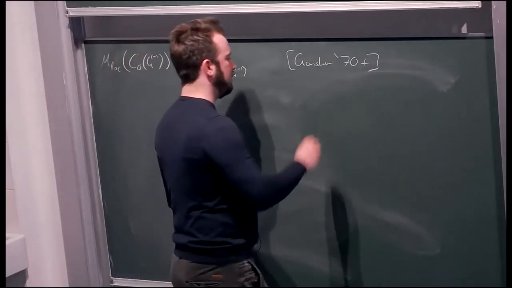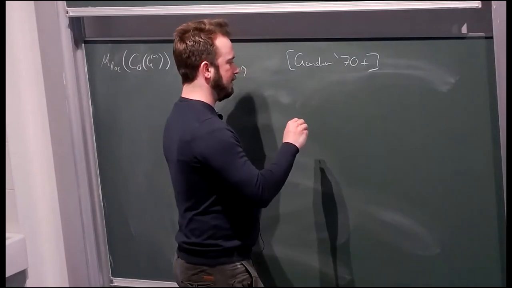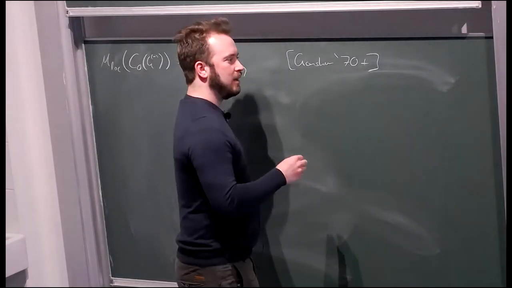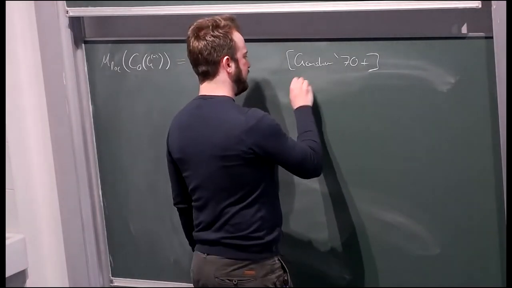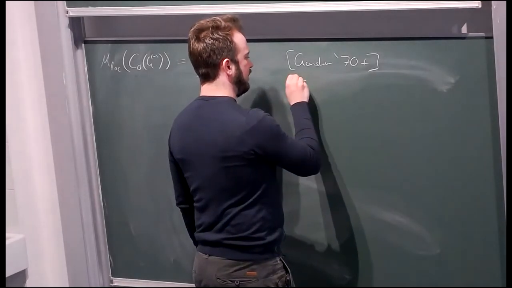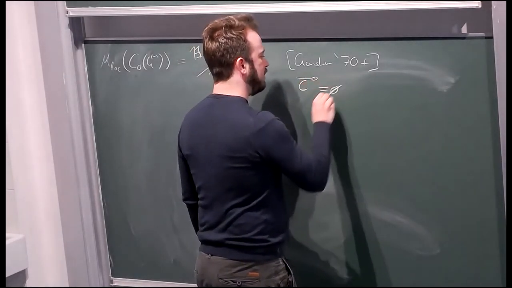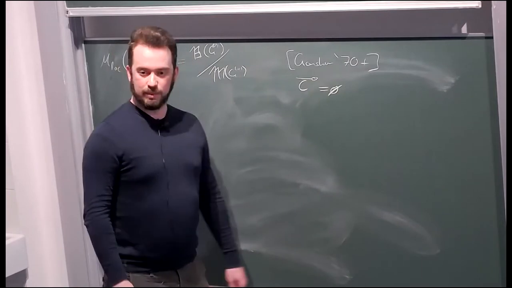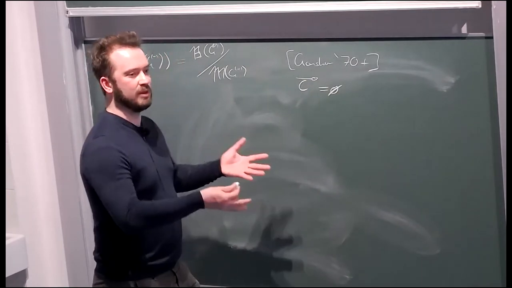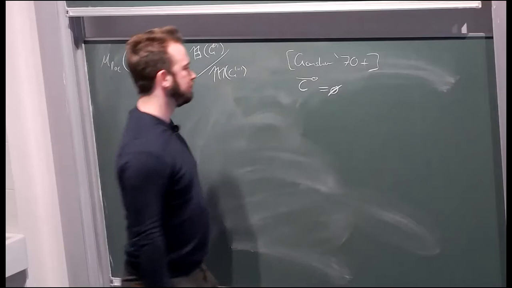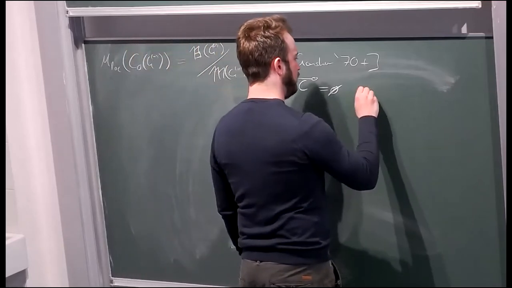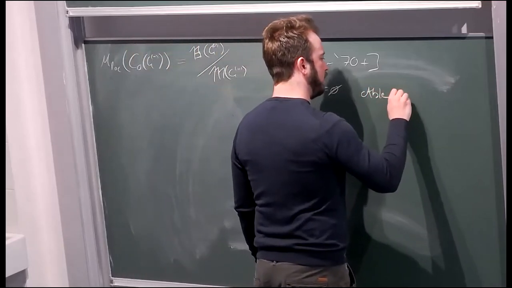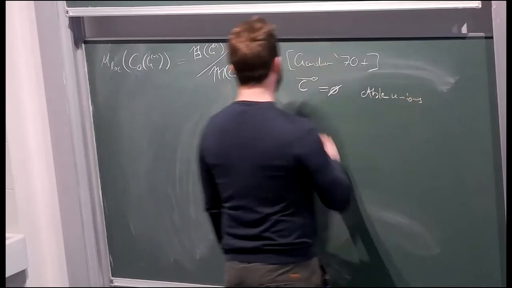So in particular, if I have a set C, a subset of X, where the interior of the closure is empty, then this is meager. And then I just allow myself to take countable unions of these.